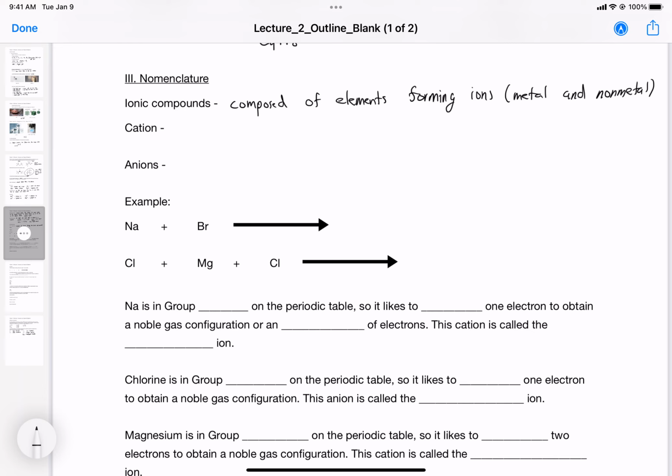Okay, so metals are usually on the left side of the periodic table. Nonmetals are on the right side of the periodic table. So when we have ions, we can classify them as cations or anions. A cation will lose electrons to form positively charged ions.